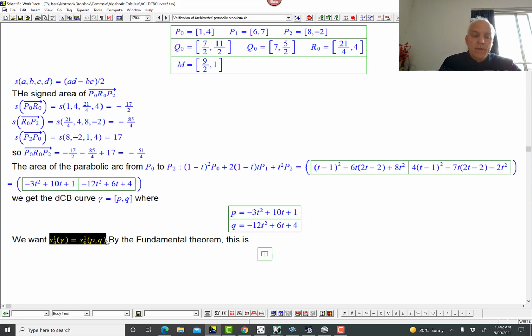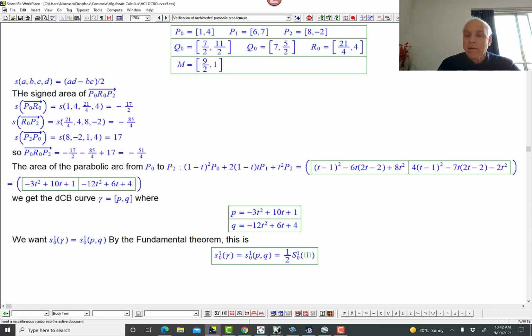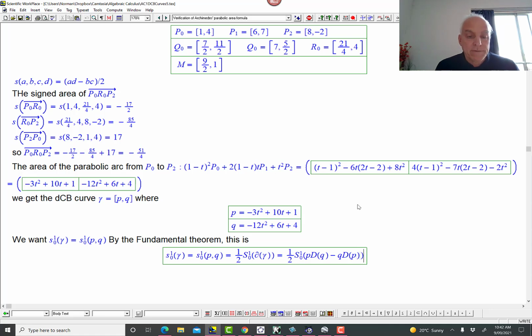It tells us that this is equal to 1/2 of the Faulhaber integral from 0 to 1 of the area differential of our curve gamma. And to be specific, the area differential is just P times dQ minus Q times dP. So that is what we have to evaluate.